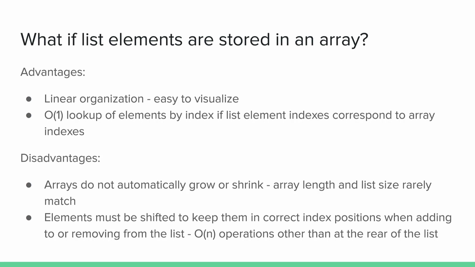So there is this concept of shifting that's present in an array in order to manage the elements. So if I put elements in their corresponding index positions in an array, I get some advantages and I get some disadvantages. But this is a fairly clear mental mapping between the concept of a list and the concept of an array.